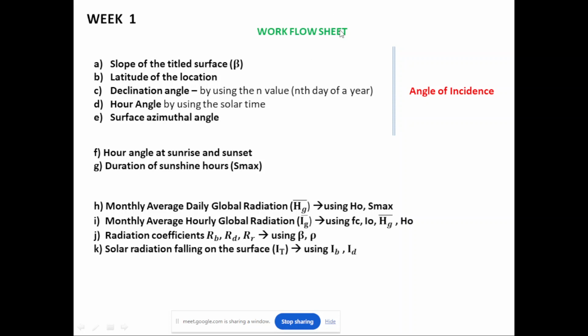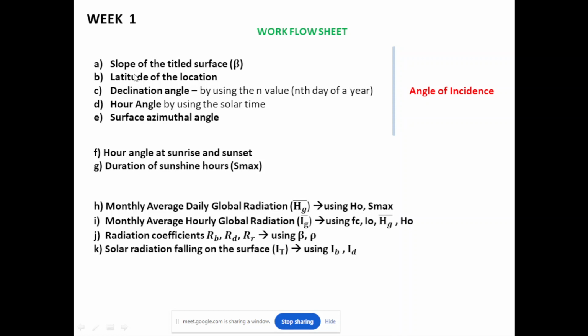So I have created a workflow sheet for any question that finally asks you to calculate the solar radiation falling on the surface. You can use this as a guide to solve your problem. First, you have the slope of your tilted surface, which will be given in the question.